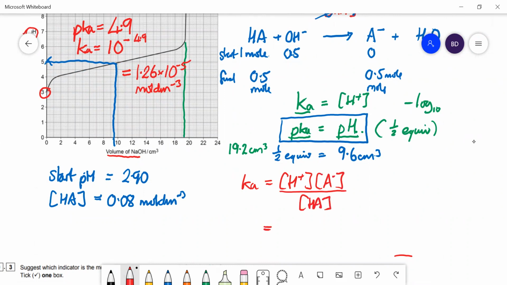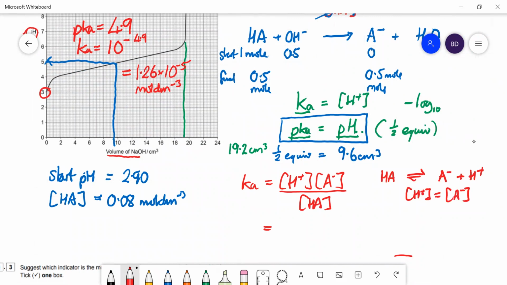So what we could do here is, because the acid dissociates, HA gives you A minus and H plus. The concentration of H plus is going to be equal to the concentration of A minus at the start, because all of the A minuses come from dissociated HA.